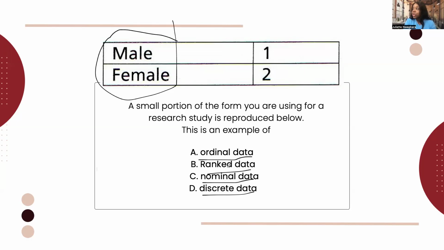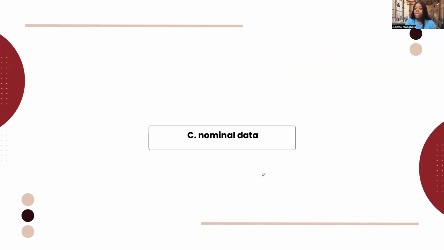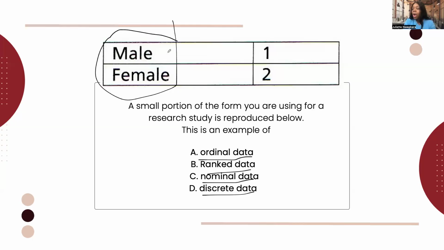The correct answer to this question should be nominal. Yes, it's nominal. The reason why nominal data is data where there is no order, right? So males are not greater than females and females are not greater than males. There's no number to it. It's not a numerical thing. It's a categorical thing.